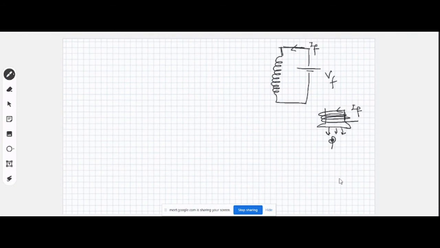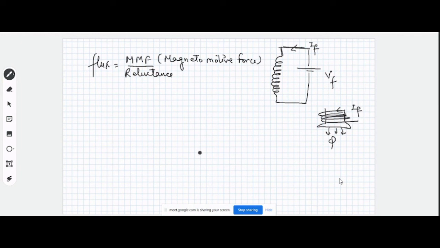अब ये फील्ड फ्लक्स और इसका रिलेशन क्या है? You could have learned that flux is equal to MMF divided by reluctance. पढ़ा है ये कभी? पढ़ा है सर। Where MMF is what? मैग्नेटोमोटिव फोर्स। Right?